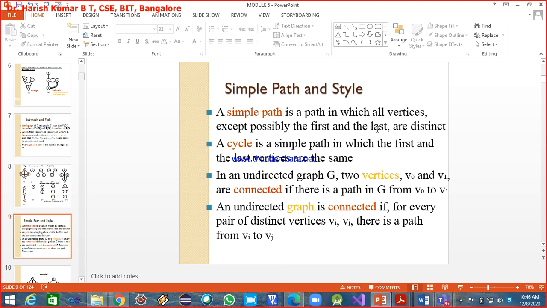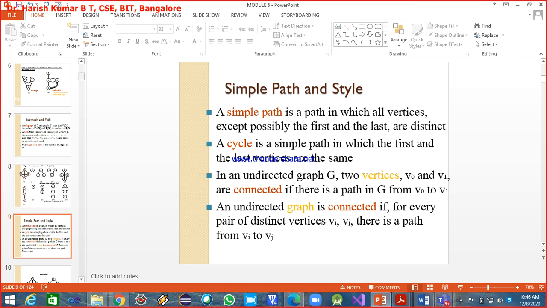All other vertices have to be distinct. Now if I want to say a cycle, first it has to be a simple path, and the first and the last vertices have to be the same. Then we say it is a cycle.